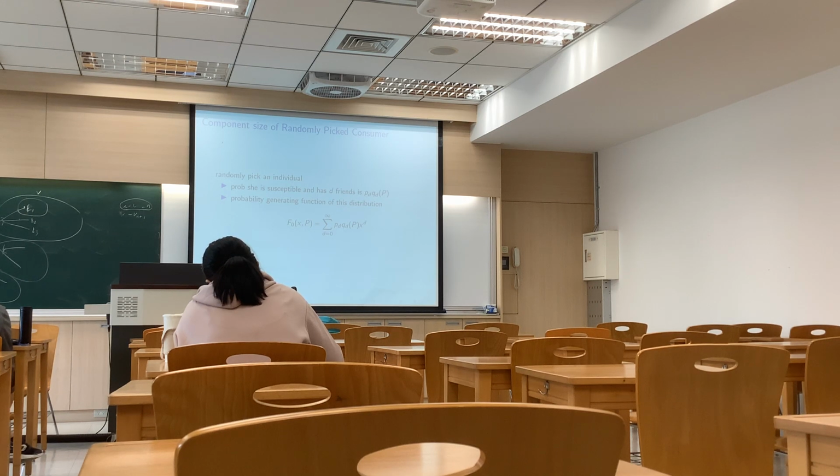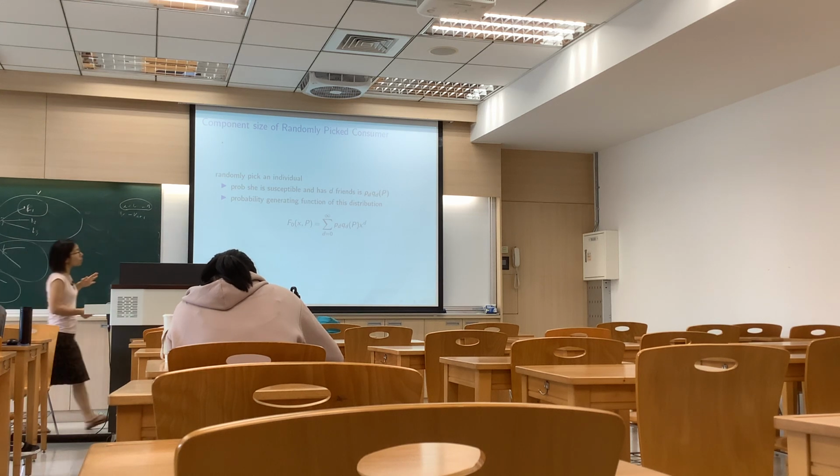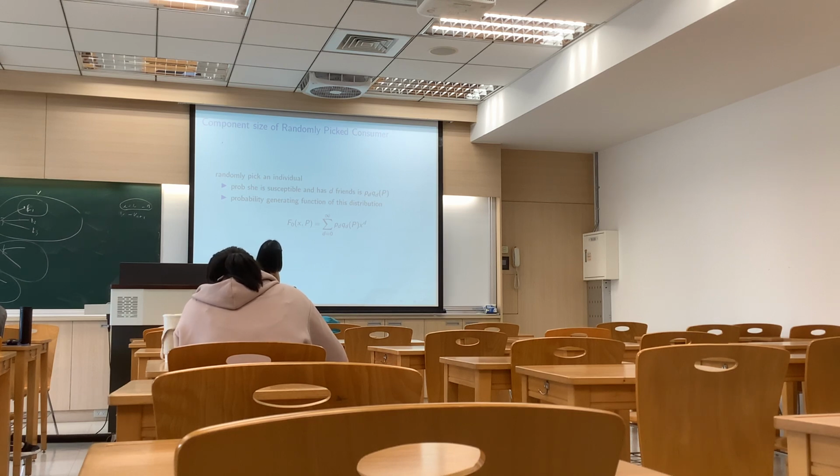So we have F0: after randomly seeding a consumer, or randomly informing a consumer, what's the number of consumers that will become informed? Now we're not asking about component size, we're just asking about the number of friends.